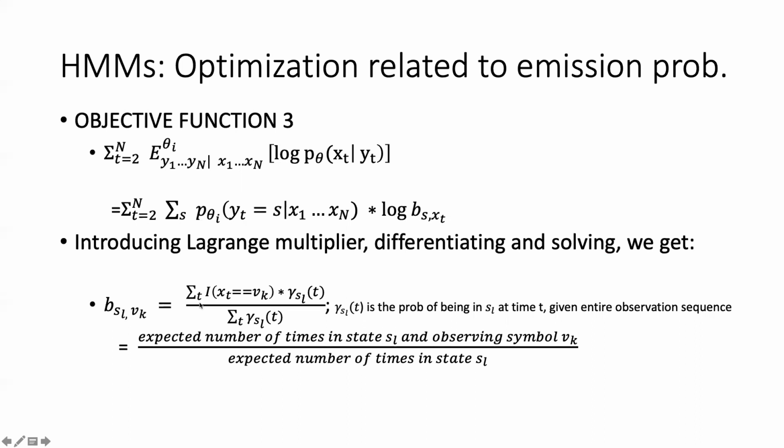So we can express this expression as the expected number of times in state SL and observing the symbol Vk divided by the expected number of times in state SL. These are the estimates for B in semi-supervised learning.